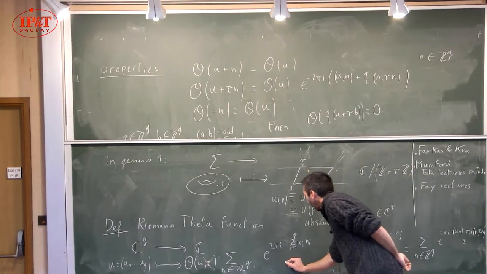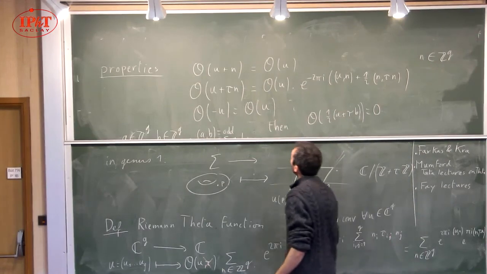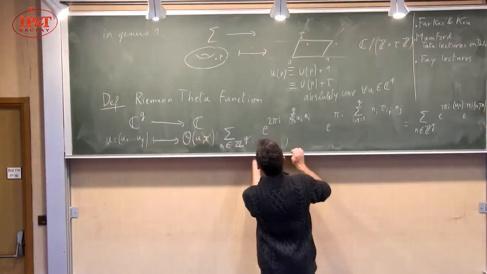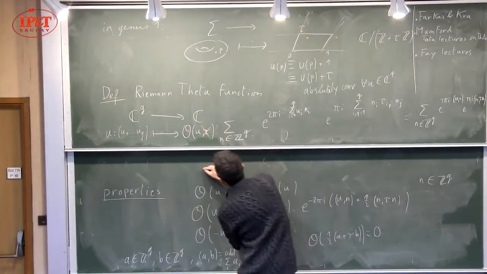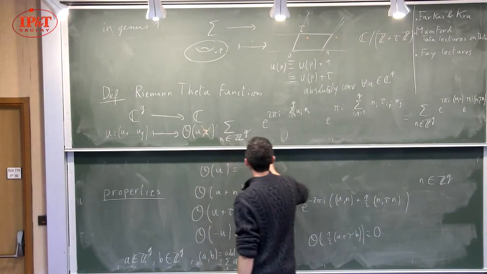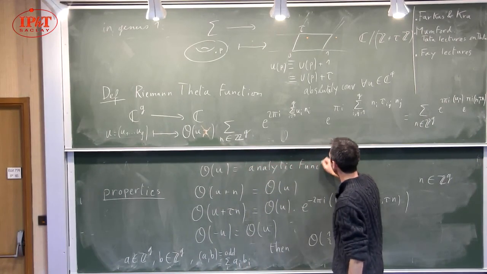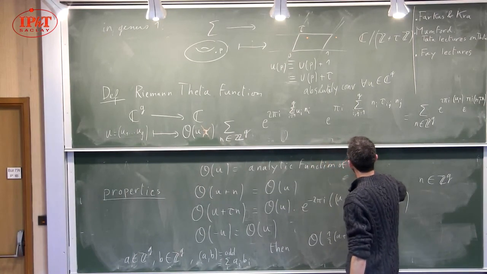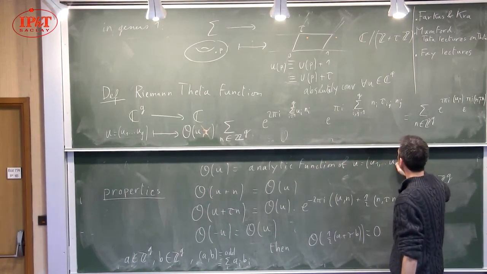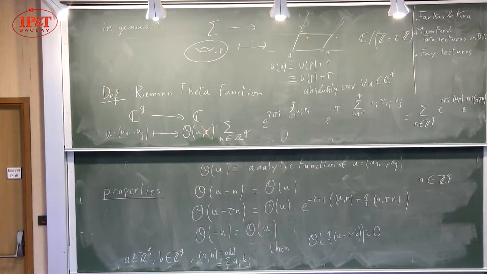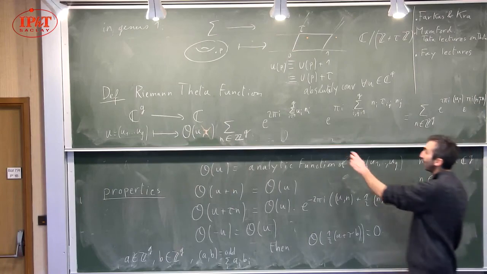So I should write it in the properties: theta of u is an analytic function of u, which is u1 to ug. It's an analytic function of all the components, and there is no pole on C^g. It's always well defined, and it's always analytic.